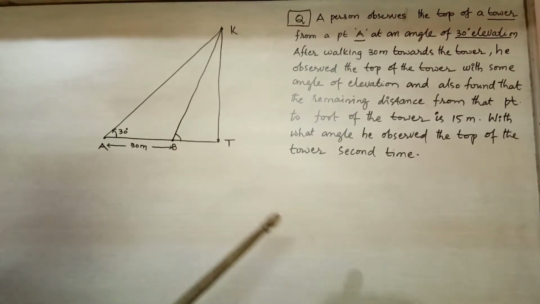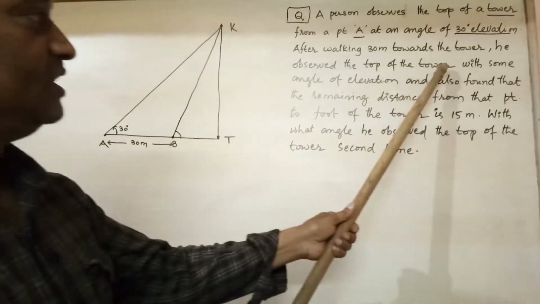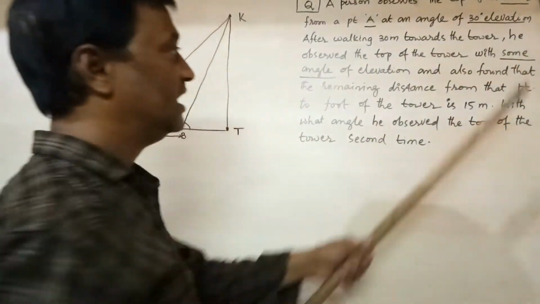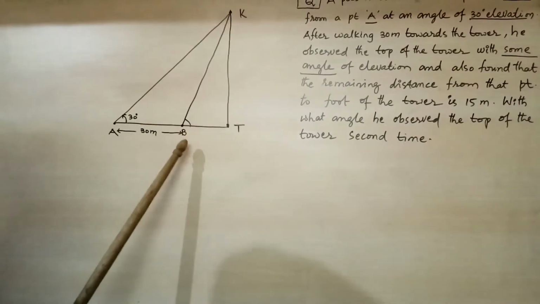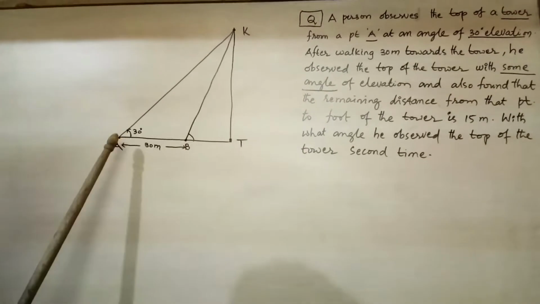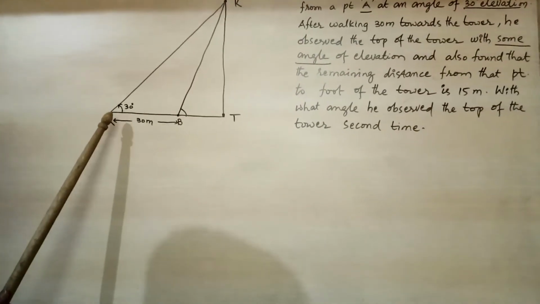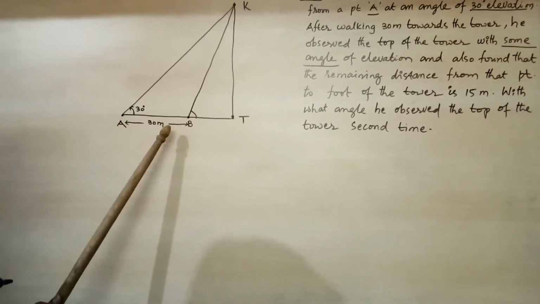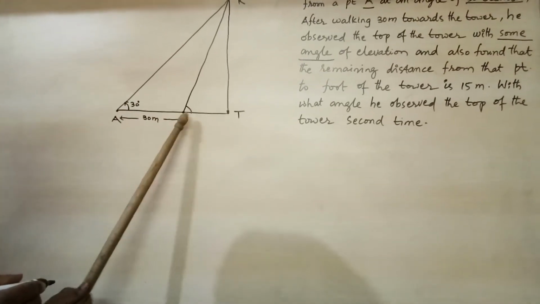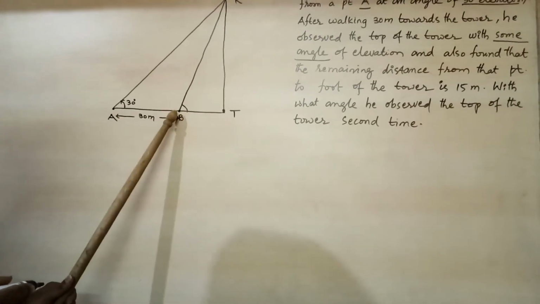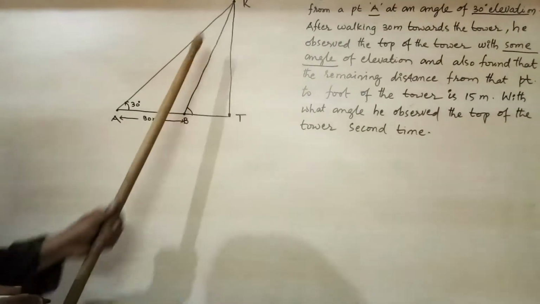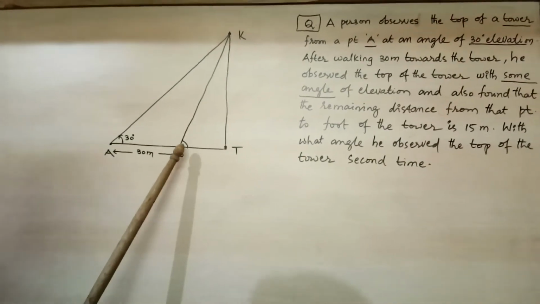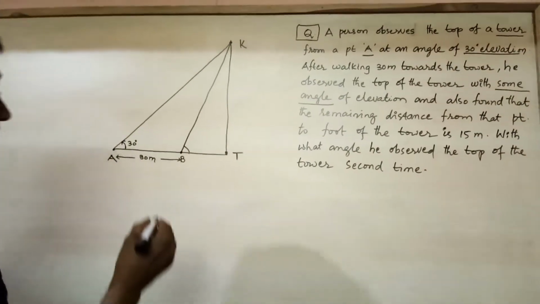The first time he lifted his head at A, and after walking 30 meters towards the tower he is once again lifting his head to see the top of the tower a second time. But here no angle of elevation is given.